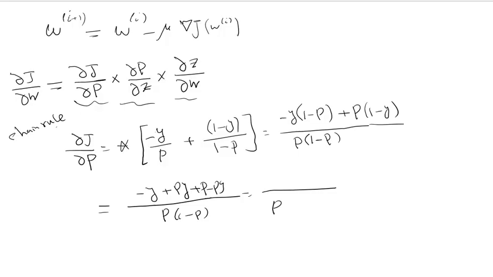So we have p minus y over p times 1 minus p. This is the first derivative.